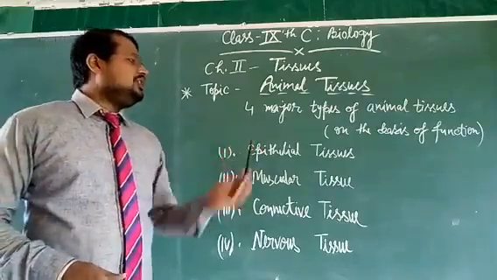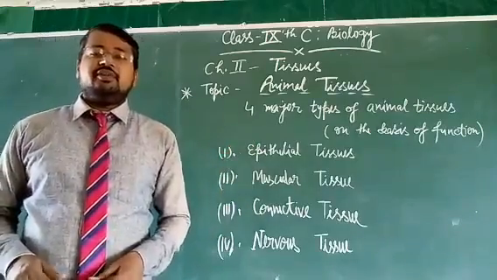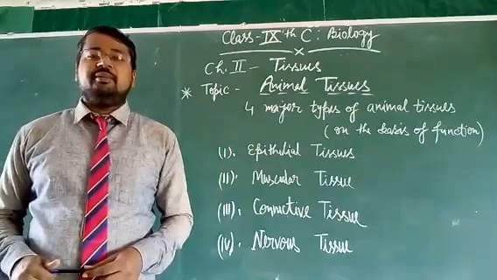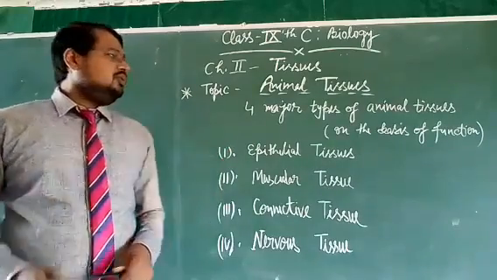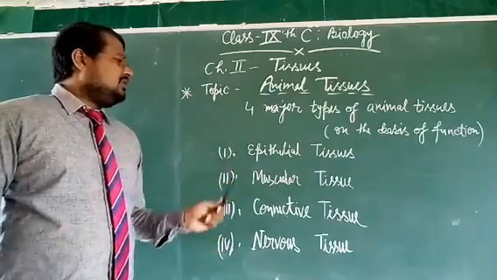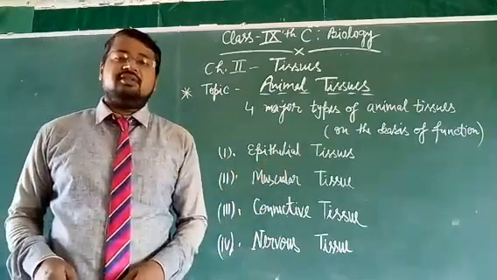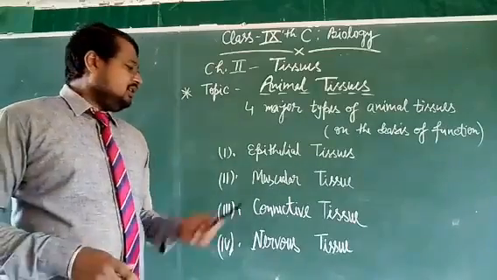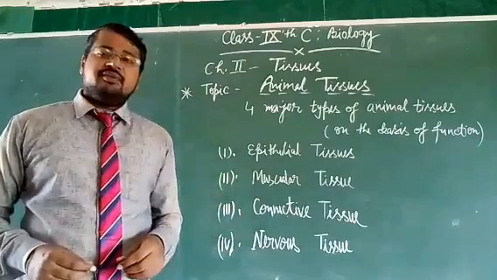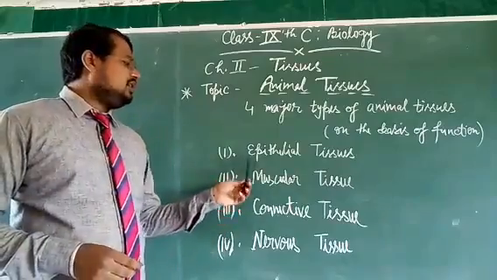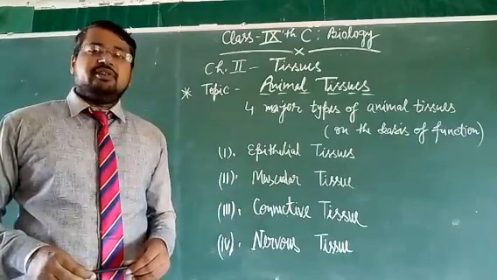So first we need to know how many types of animal tissues are generally found in animals and human beings. The classification is done based on the functions performed by these four types of tissues from animal tissues.